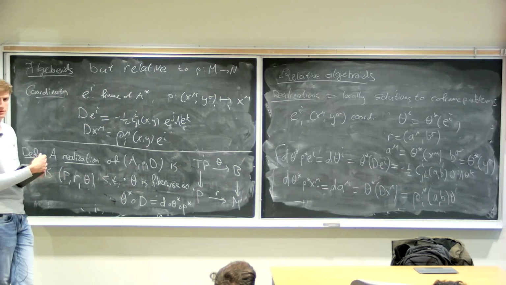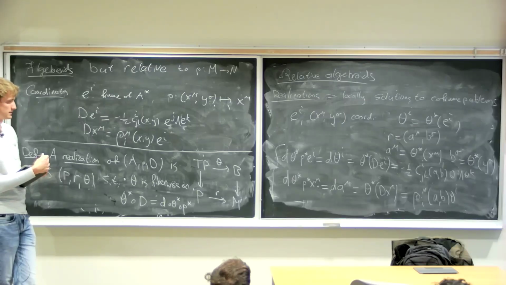Maybe one thing that could help is to look at the case of ordinary algebroids and what is a realization in that case. If you take a Lie algebra, a Lie group with the Maurer-Cartan form is a realization of the Lie algebra.